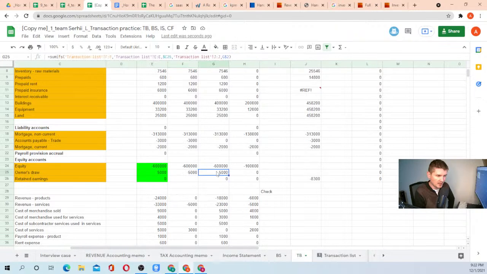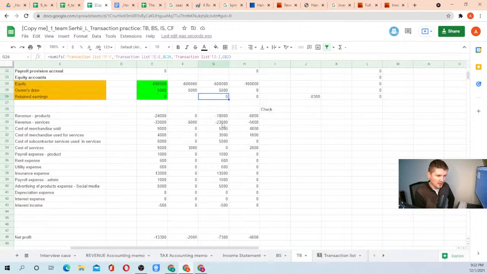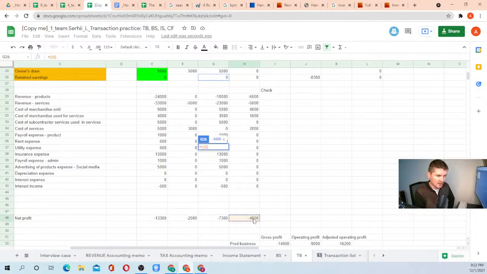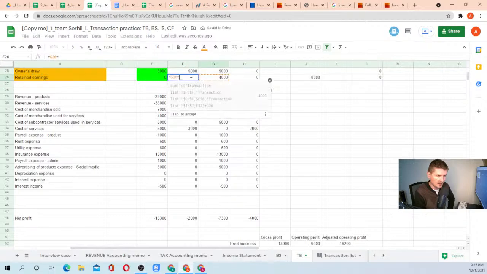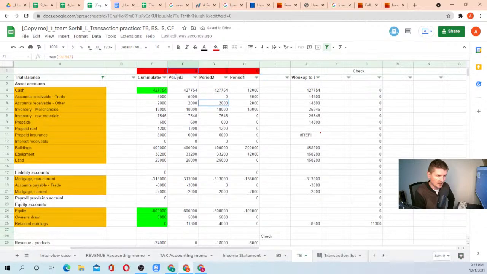Okay, so here's where we get an error. We need to add retained earnings here and here. Yeah, it is a bit more complicated. Your question, Svetlana, helped me with a solution to the problem. Okay, so now everything is 0.